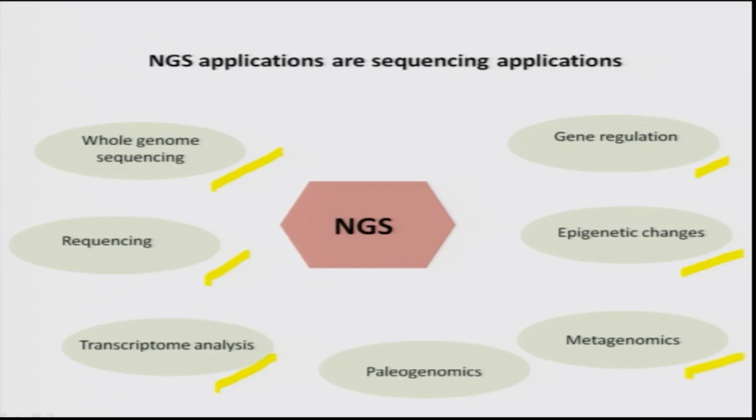Or metagenomics we discussed, where we sequence a large number of microbes and classify them based on certain signatures. Or paleogenomics, for example extinct species, which you can sequence quickly and understand the sequence and so on.